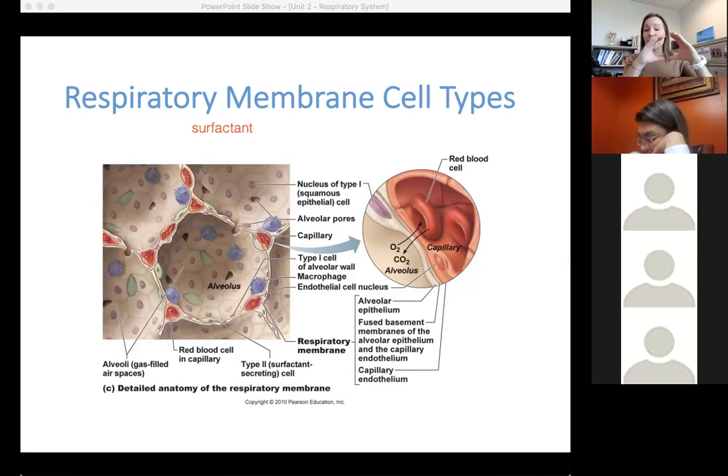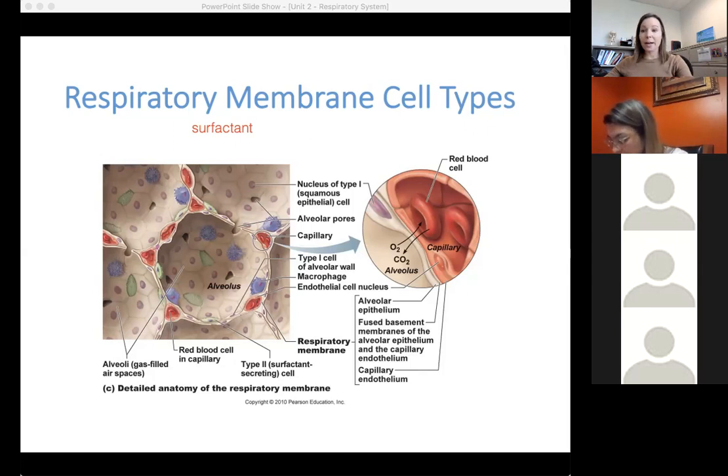They are going to stay open and inflated, which is a good thing. That's really important. You'll definitely be asked on the test, what is surfactant? How does it impact surface tension? It's important to know.